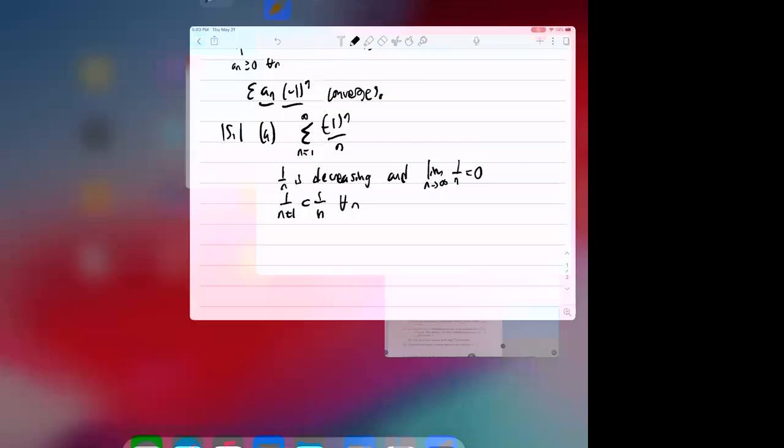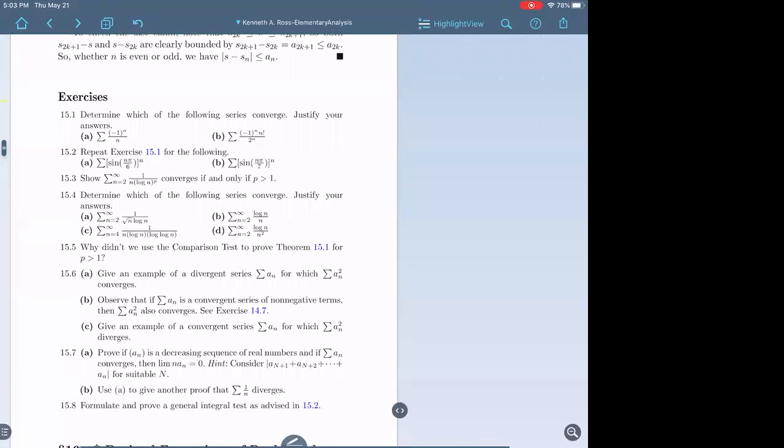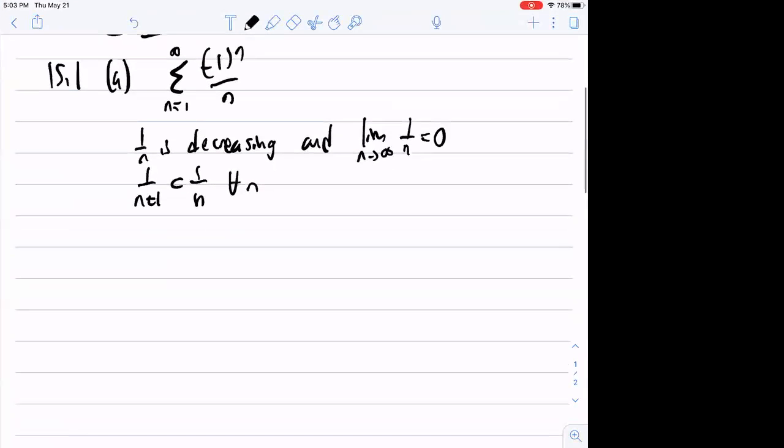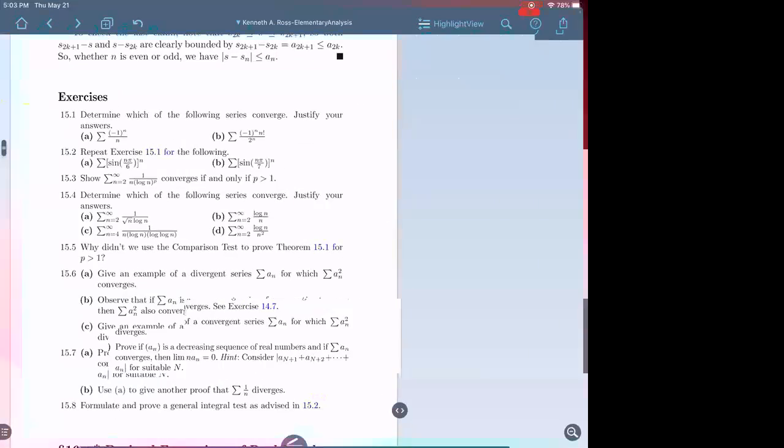Okay, so let's move to something harder. Let's go to 15.2. We need to justify whether the series converges or diverges. The sum of sine of n pi over 6, raised to the n.